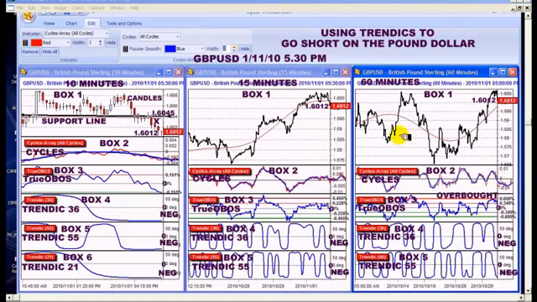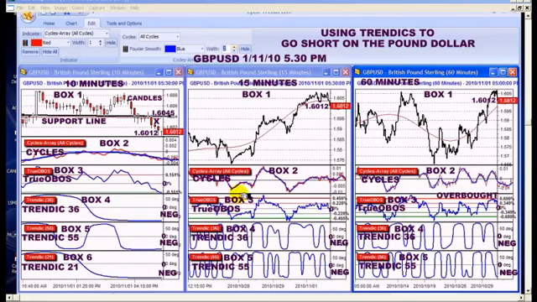If we examine the overbought oversold indicator, the signal from the overbought oversold indicator should tell you that the price of the pound dollar is not in an oversold area, or it is at a 0 level. So if we look over here, it is below the 0, but way above the oversold level.